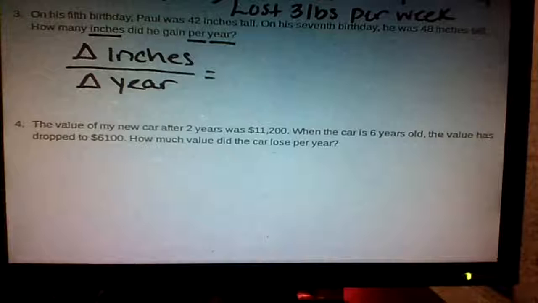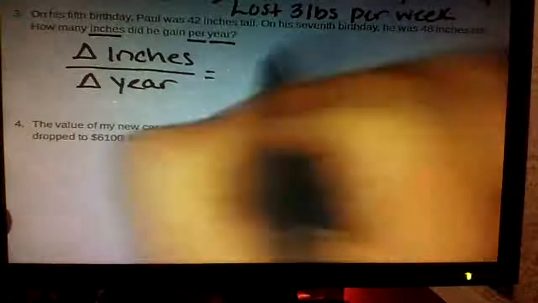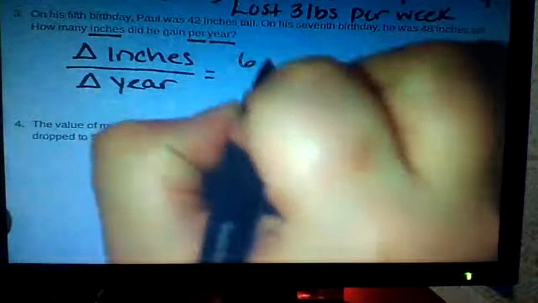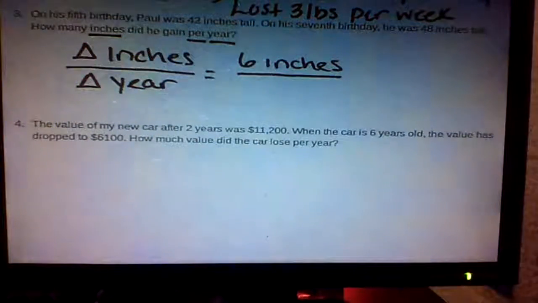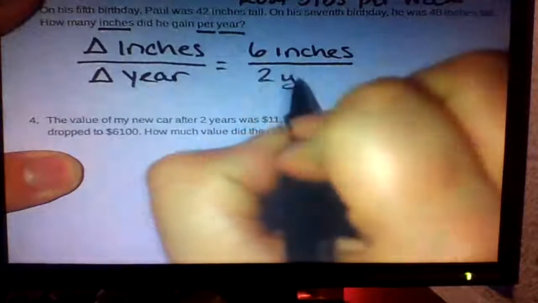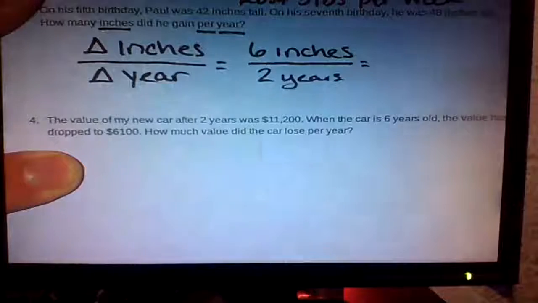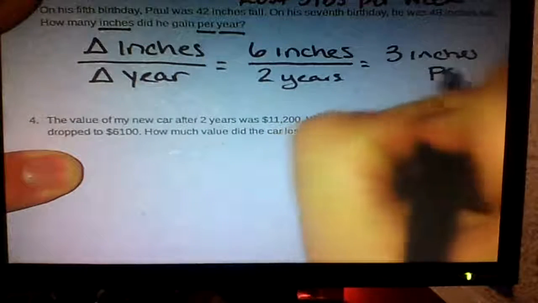I'm going from 42 to 48, so I'm gaining 6 inches. How many years have gone past? What's my change in years? 2. It was his 5th birthday to his 7th birthday. So he's gaining 3 inches per year.